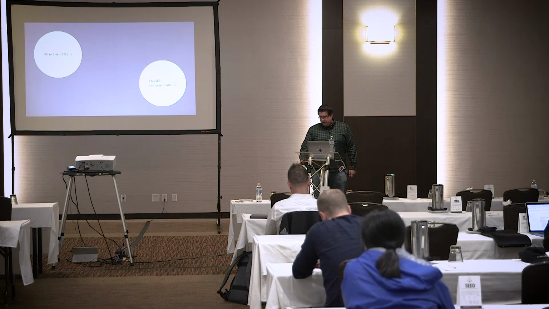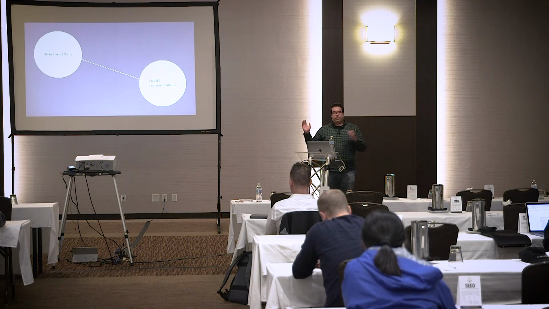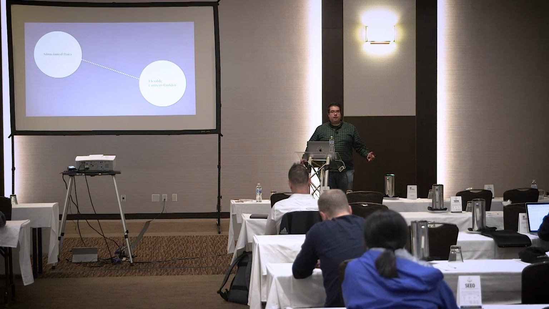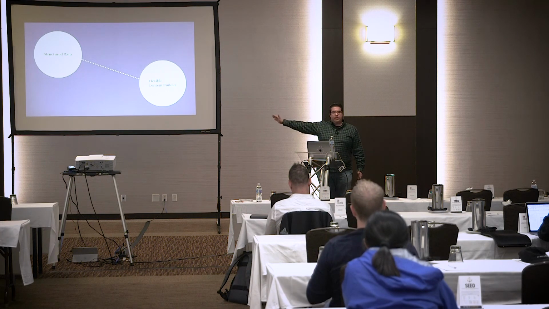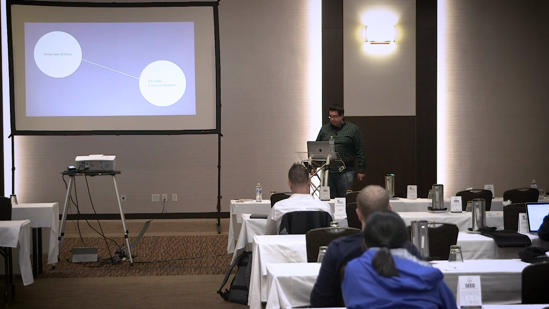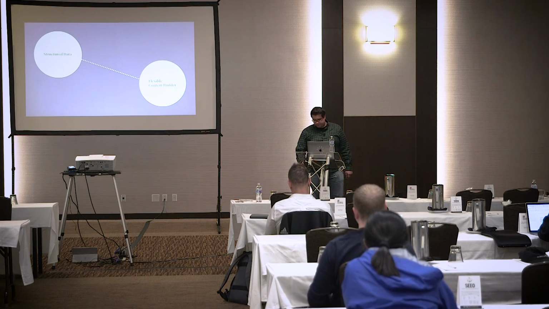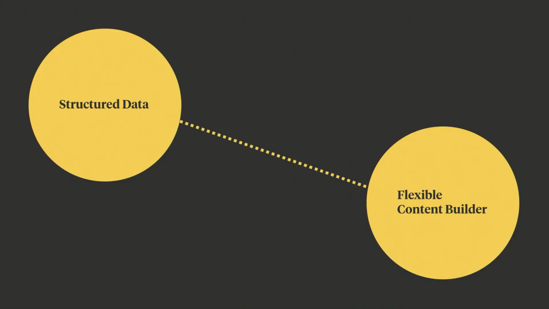Then you have this infinite spectrum in between, where you have sites that are a little bit of this, a little bit of that. Using something like ExpressionEngine, and we'll talk a little bit about Craft, you're already 10 steps ahead of the game in that you can build a site that fits pretty much anywhere on this spectrum with those pieces of software. So let's look at a couple examples of each type.